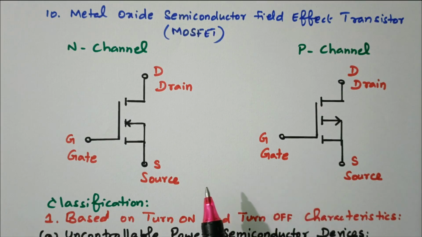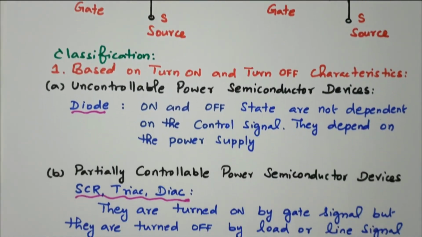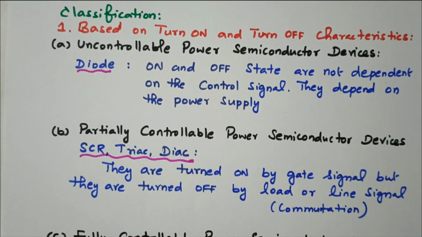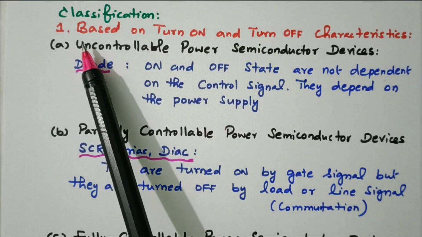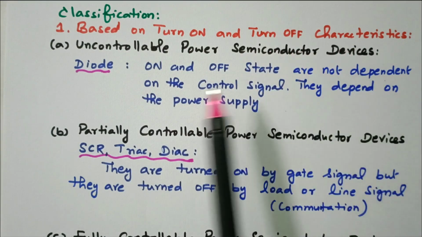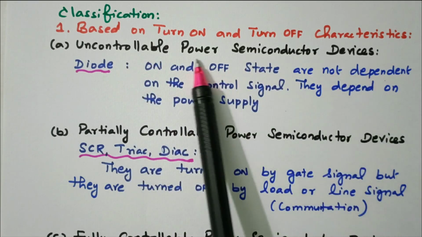Now we'll see the classification based on various parameters, like turn on, turn off. What we discussed is classified based on these parameters. The first one is based on the turn on and turn off characteristics. The first one is uncontrollable power semiconductor devices. There is no control.